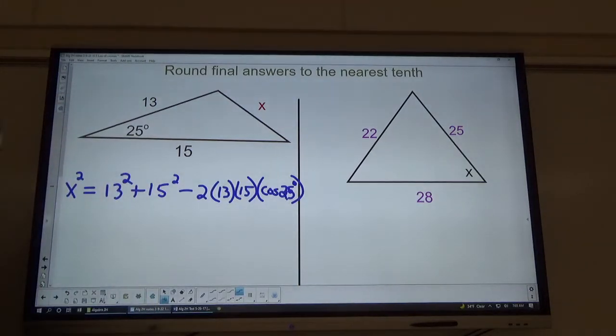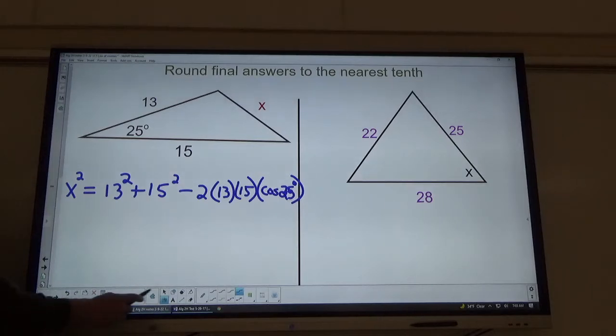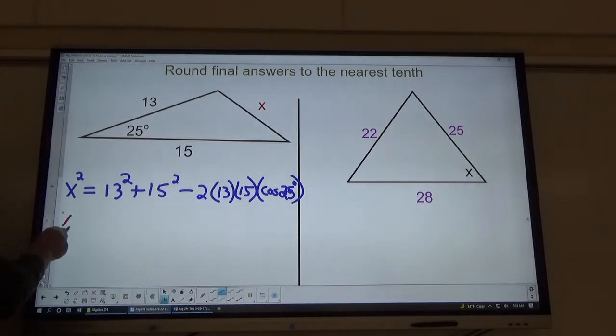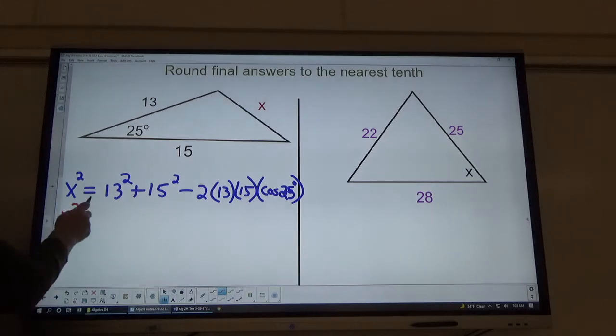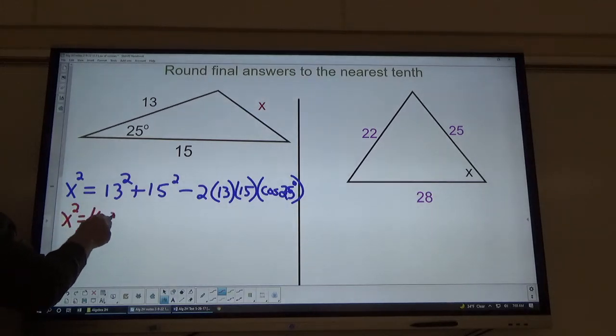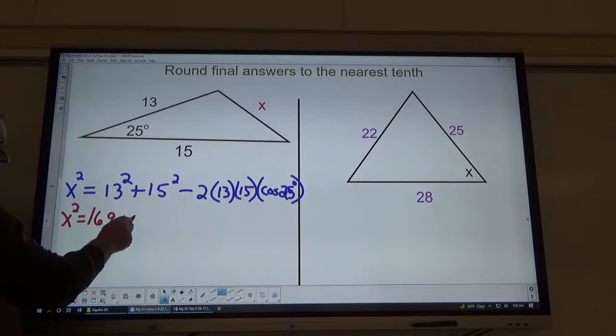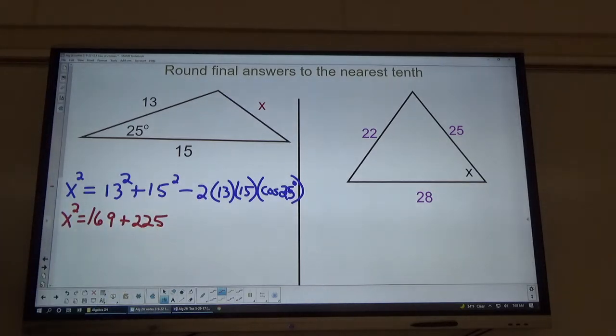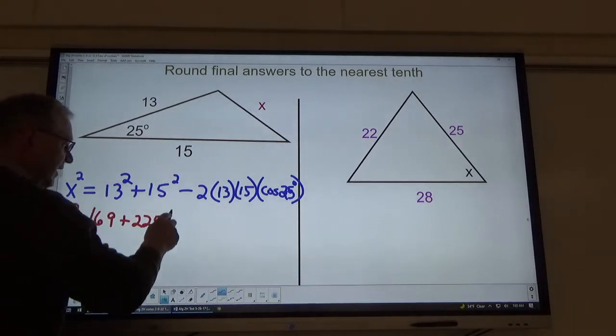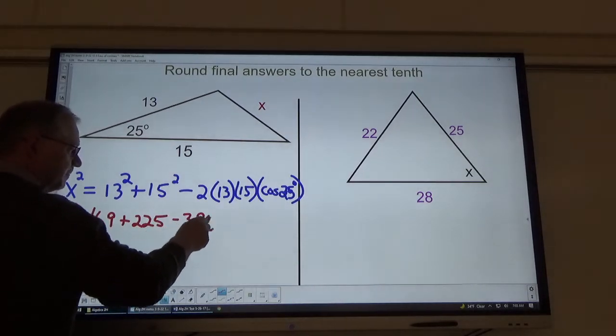All right. So the first thing I need to do, several first things I'm going to do, I'm going to go ahead and do the squaring and the multiplying where I can. So 13 squared, 169. 15 squared, 225. 2 times 13 times 15, 390, so minus 390.